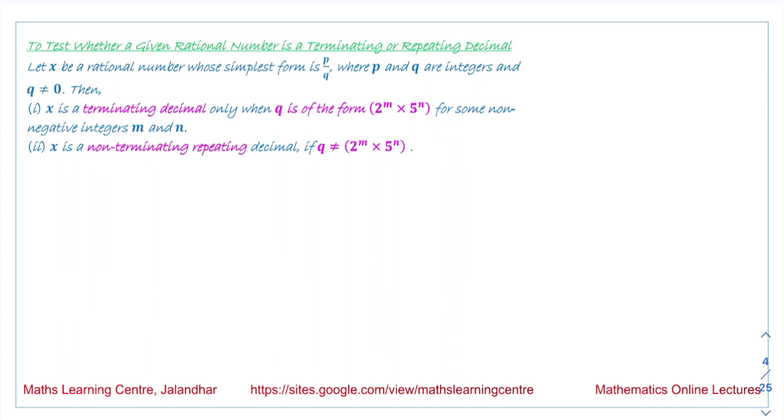Then x is a terminating decimal only if q is of the form 2 raised to the power m into 5 raised to the power n for some non-negative integers m and n. And the decimal form that we will have will be non-terminating repeating if q is not of the form 2 raised to the power m into 5 raised to the power n.